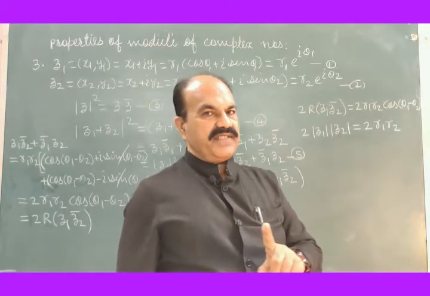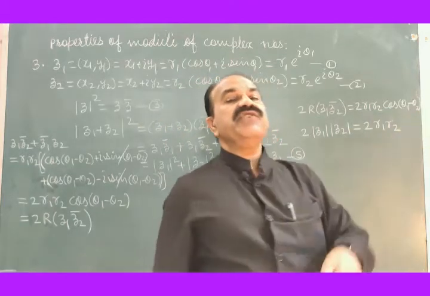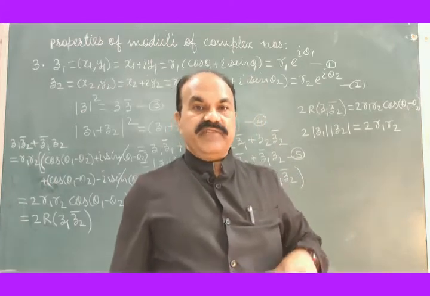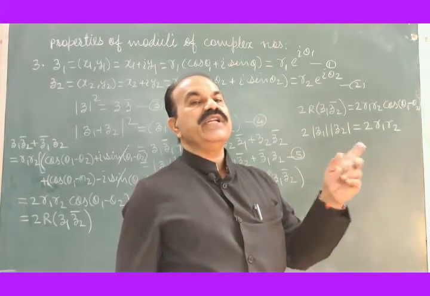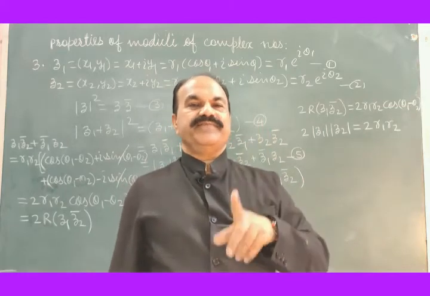Cos theta 1 minus theta 2 will be 1 if theta 1 is equal to theta 2. If theta 1 is equal to theta 2, theta 1 minus theta 2 will be 0, and cos 0 will be 1.